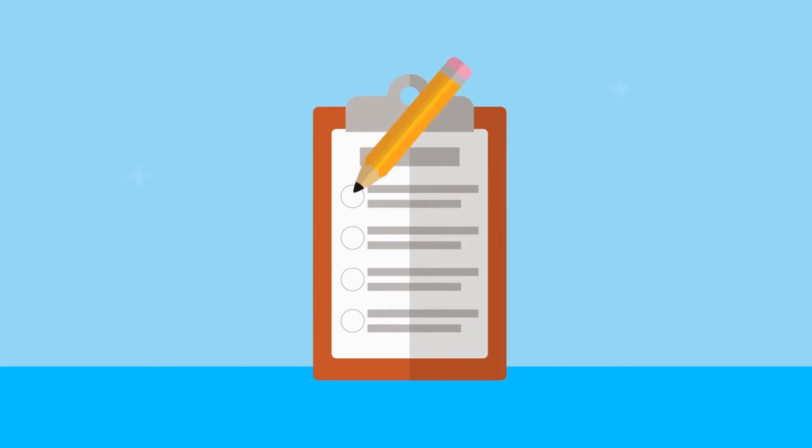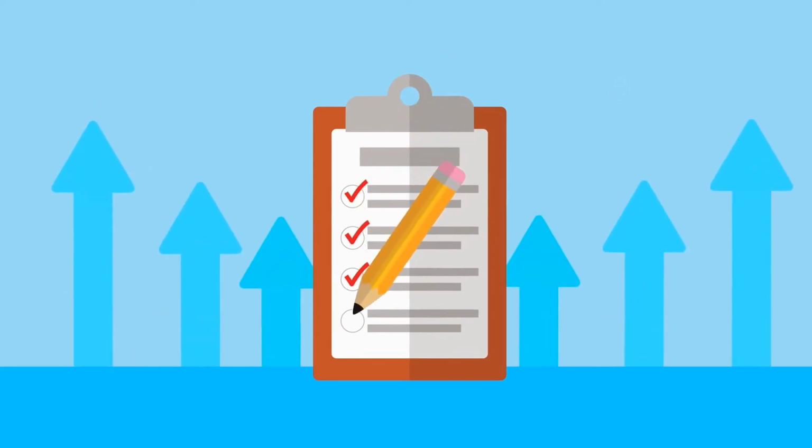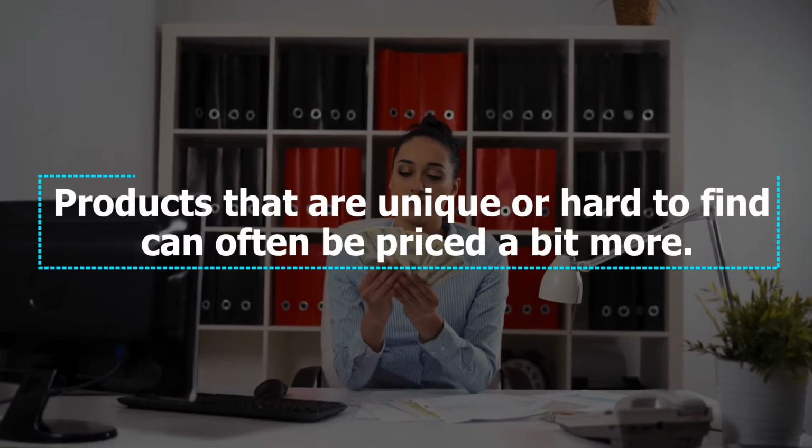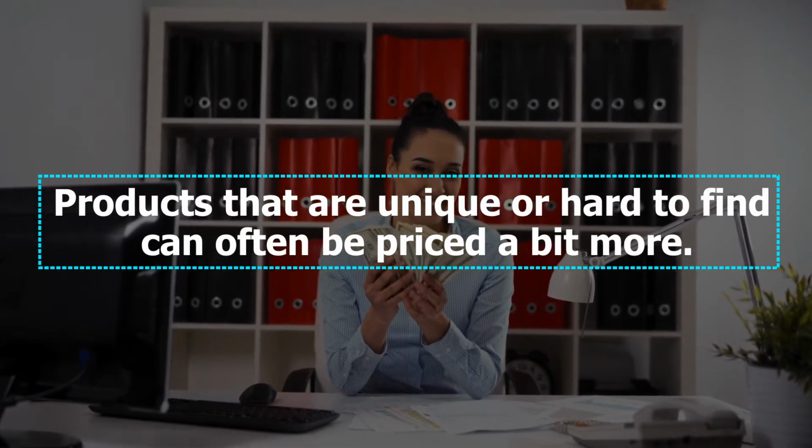Resources that contain rubrics and learning goals aligned to your products add value. You can also factor in the originality of your product and the demand for the type of resource you have. Products that are unique or hard to find can often be priced a bit more.